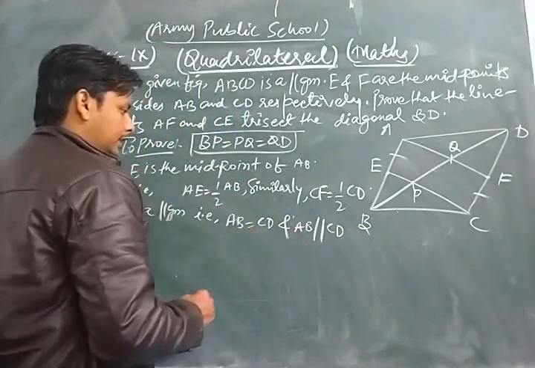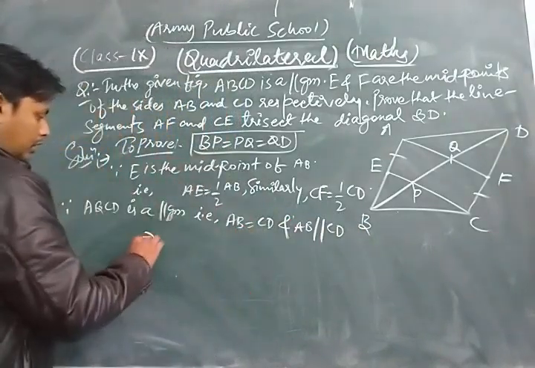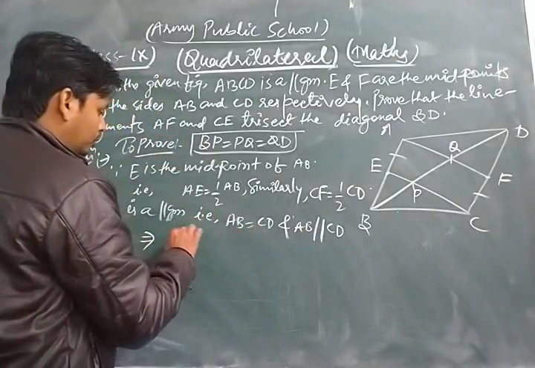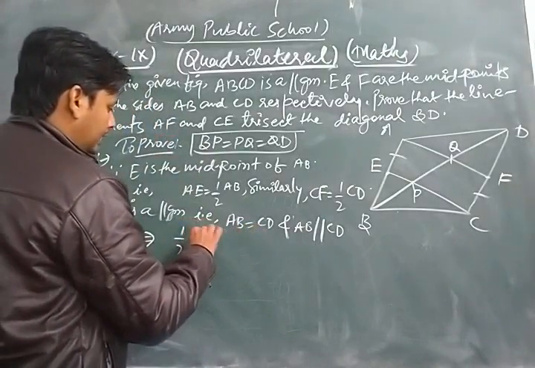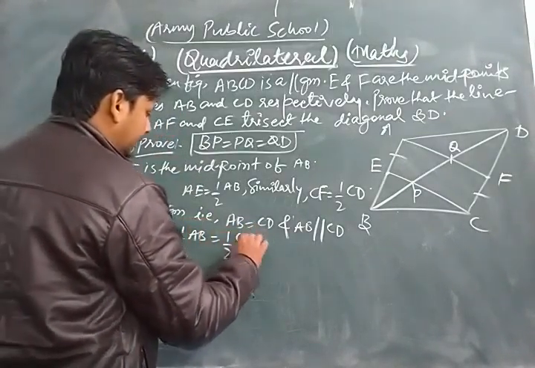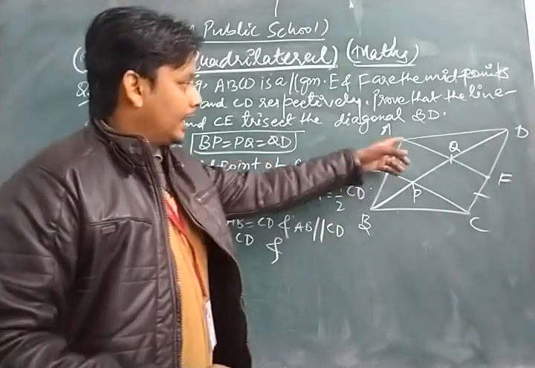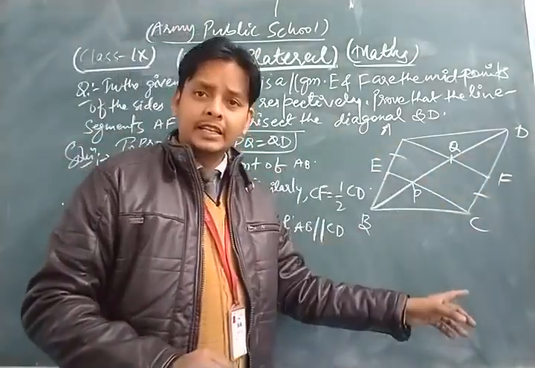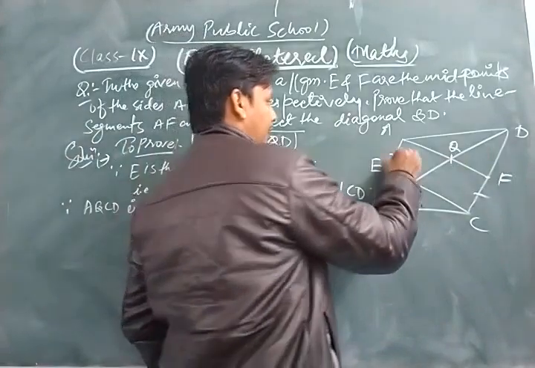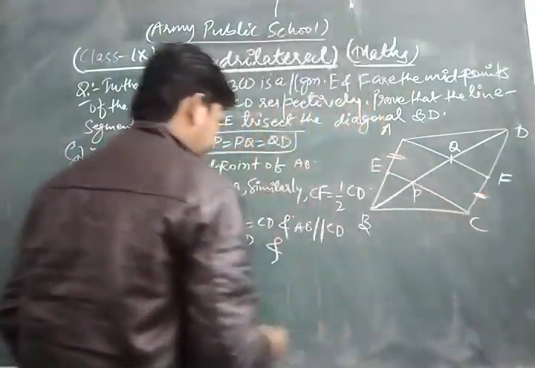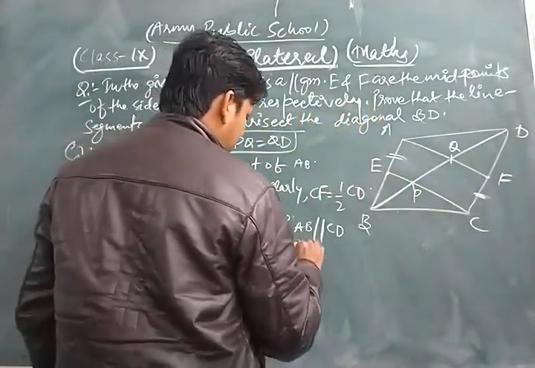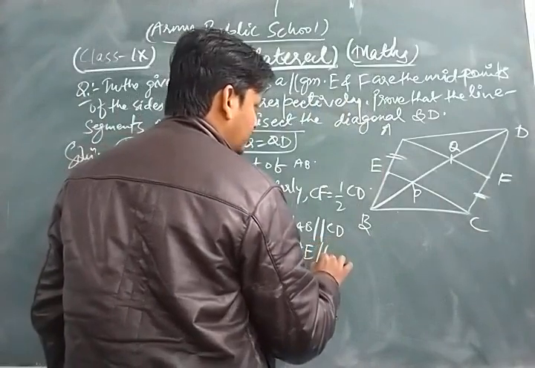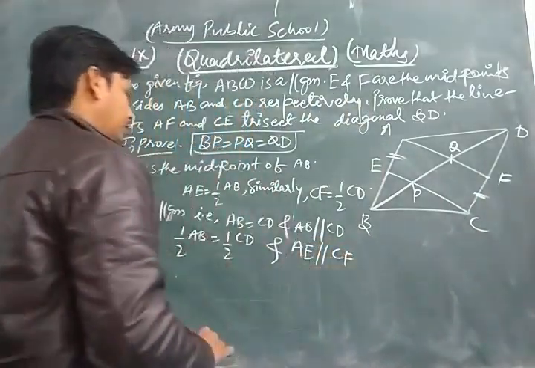Dividing both sides by 2, half of AB is equal to half of CD, and since AB is parallel to CD, this implies that AE is also parallel to CF.